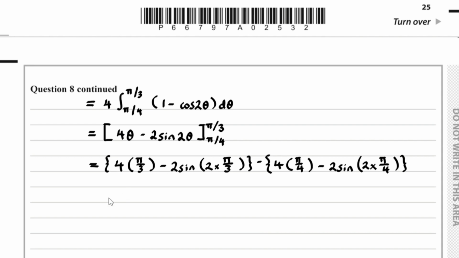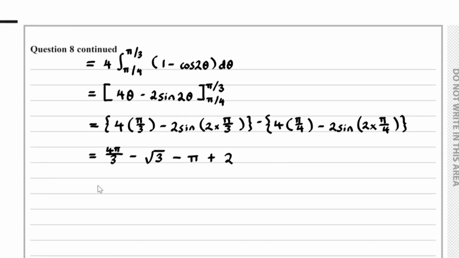So what do we end up with over here? We've got 4 pi over 3 minus root 3 minus pi, minus and minus give a plus, and then we've got plus 2 here because sine of pi over 2 is just 1.